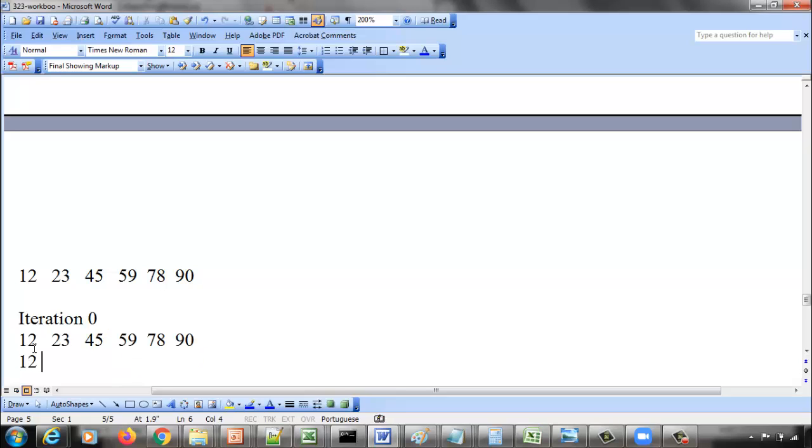Compare 12 with 23, 12 could be there, then 23 with 45, 23 could be there, 45 with 59, 45 is less than 59, 59 less than 78, 78 less than 90, and 90 is the last element, so it's there. So there's no swapping needed in any pairwise comparison in this iteration, so you can say the array is already sorted. So that's the best case of going through just one iteration.